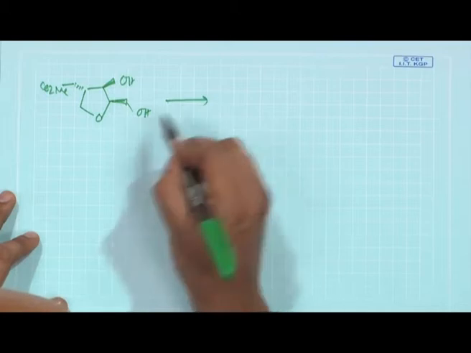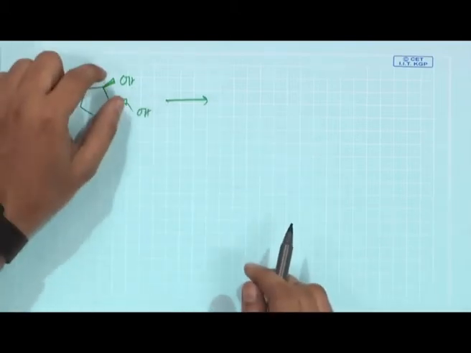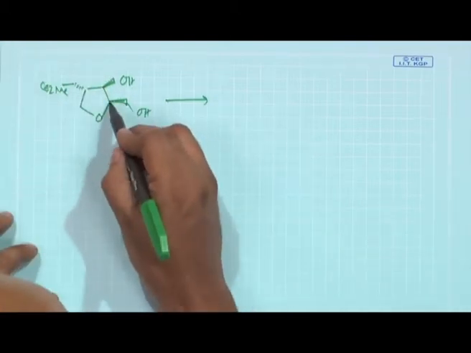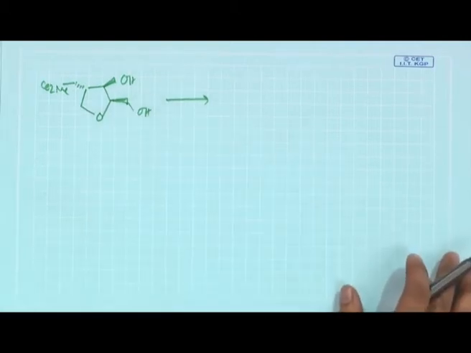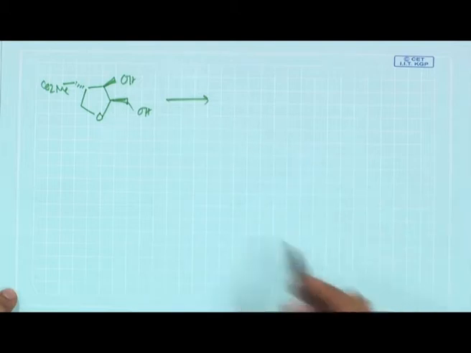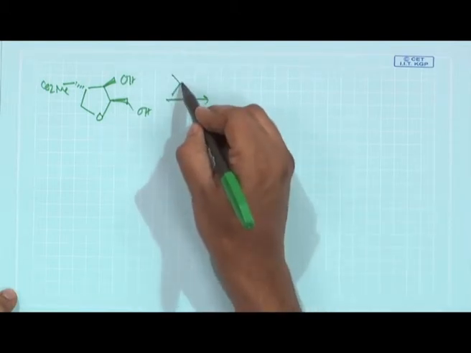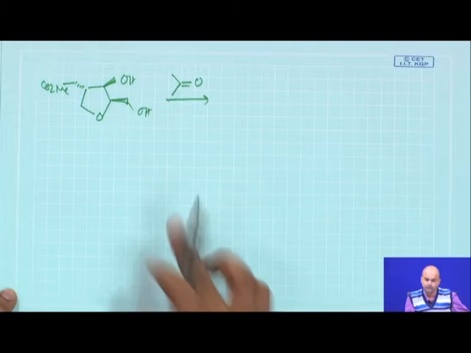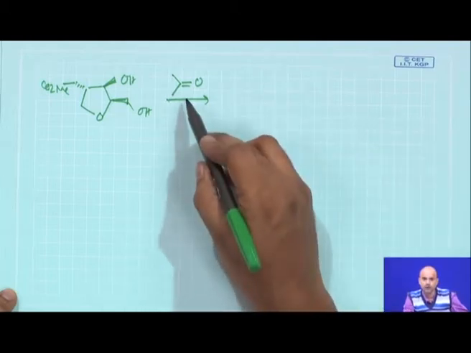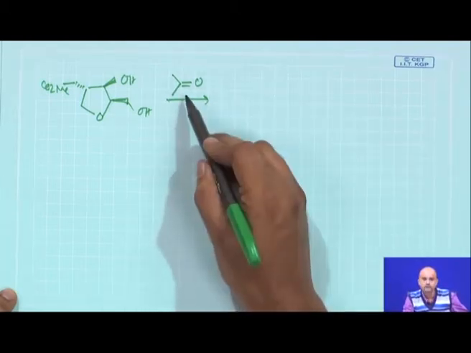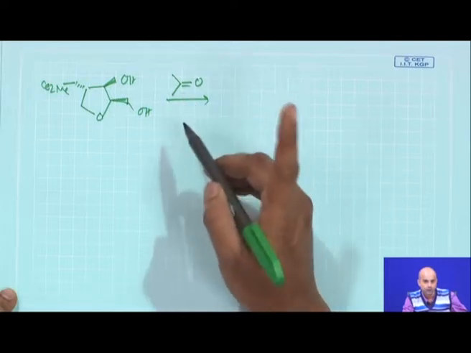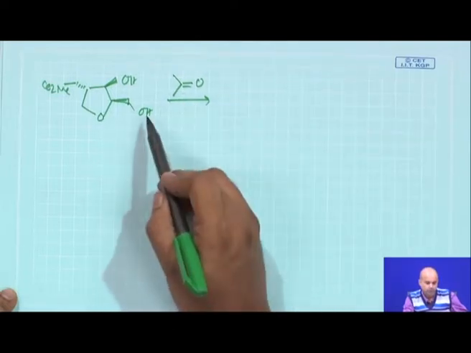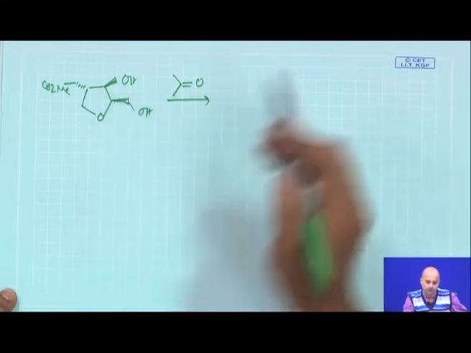Now, the primary and secondary form a 1,3 diol. Your job will be quite simplified if you have a single chemical reagent which can protect both the primary as well as the secondary. We will be using a very simple reagent, acetone. All of you know that acetone can easily form a ketal with 2 equivalents of alcohol. Here the 2 equivalents of alcohol are one primary alcohol and one secondary alcohol.